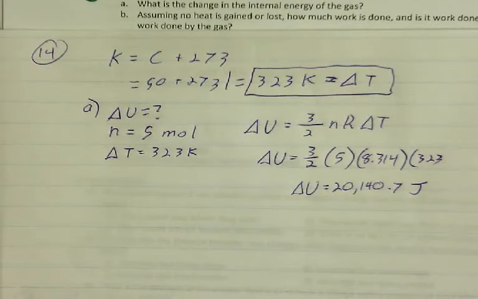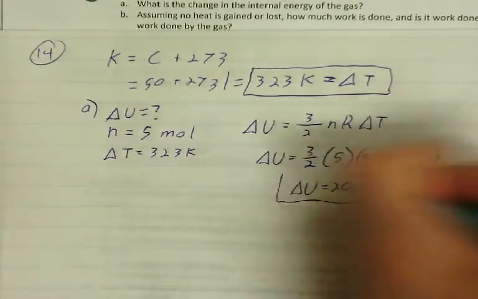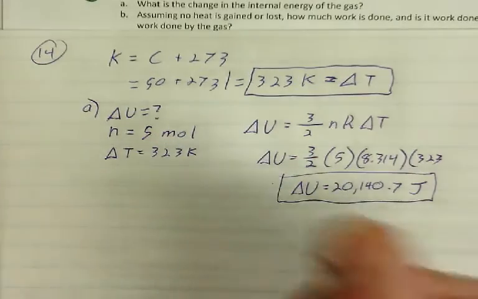So that takes care of A. There's my delta U value. So now for B, we'll wrap this up here.